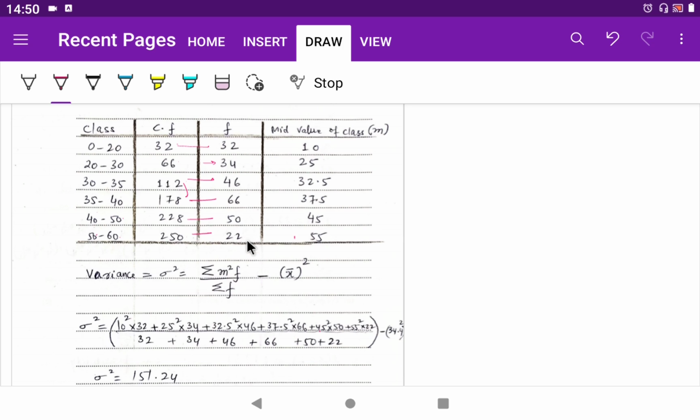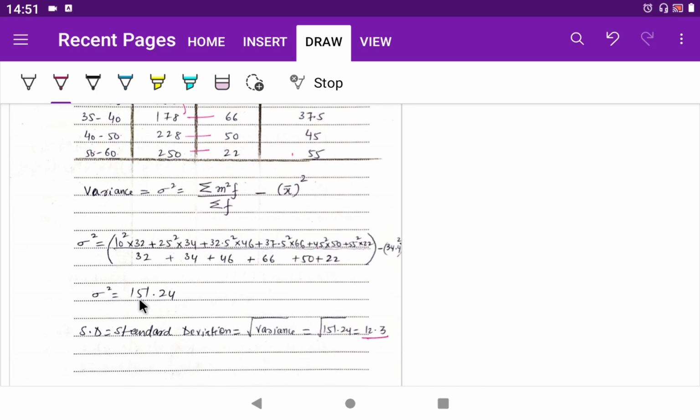So we add all these frequencies: 32 plus 34 plus 46 plus 66 plus 50 plus 22, and minus 34.4 whole square, because it is mean whole square. After calculation we get sigma square as 151.24, and now we take the square root of this because we need to find the standard deviation. After calculation we get 12.3 as our standard deviation value.